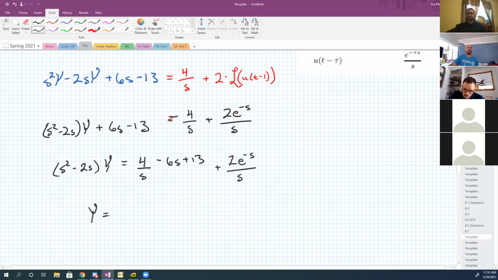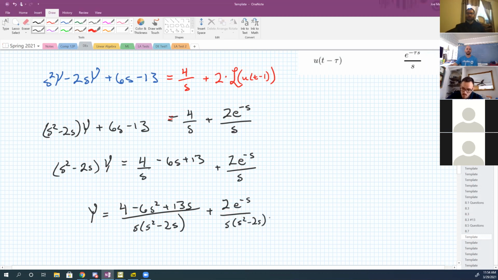So we're going to get y is, and then this thing here, that's all going to end up being the exact same thing it was before, right? So I'm going to get a 4 minus 6s squared plus 13s all over s times s squared minus 2s. The thing that's really going to be different here is that I'm going to have this 2e to the minus s over s times s squared minus 2s.